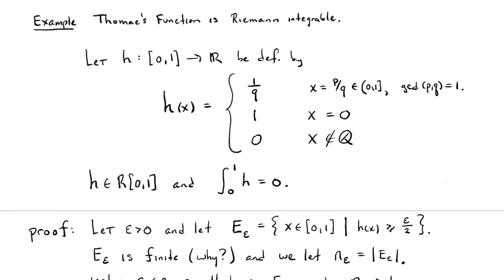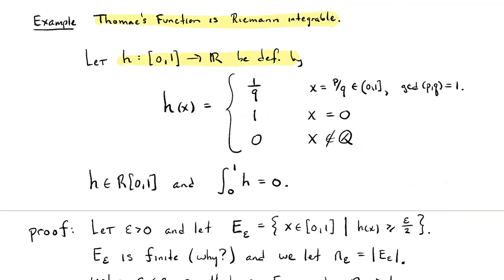Okay. So you're saying, okay, it has too many discontinuities. Well, let's look at an example of a function that's got, quite frankly, quite a few discontinuities, but it is Riemann integrable. Let's remind ourselves about Thomae's function. I'm going to denote it by h, and not t for some reason. But how did we define h?